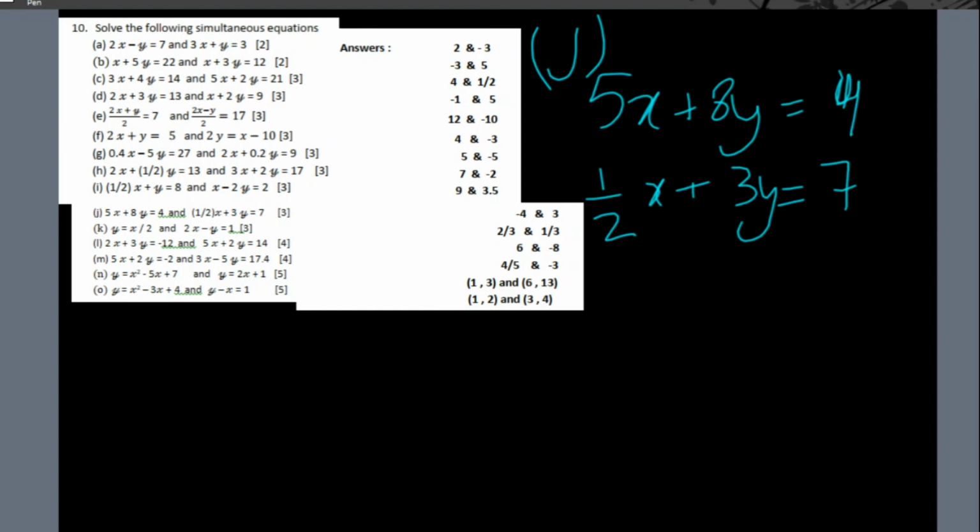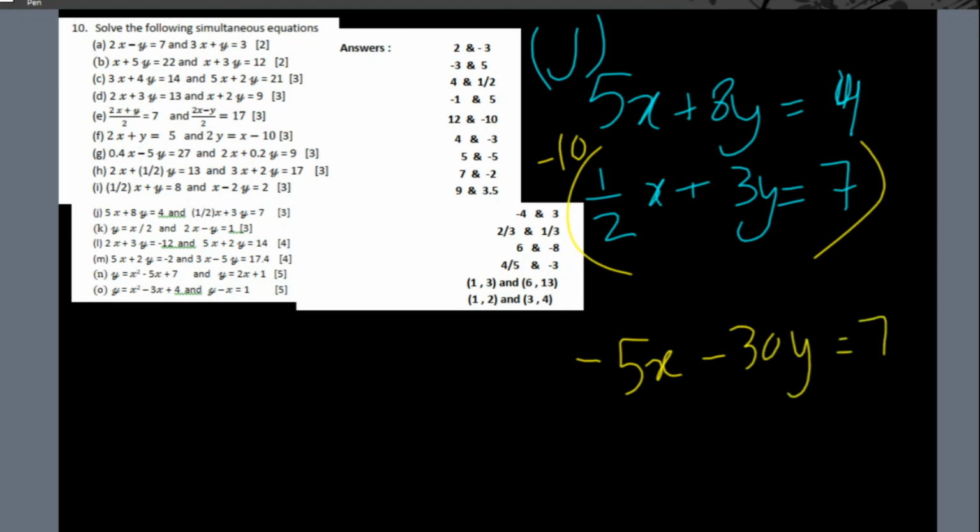So what I can do is change half to 5. So if I multiply, in fact minus 5, let's multiply the lower equation by minus 10. Then it will become minus 5x minus 30y equals minus 70, and the upper equation will remain the same.